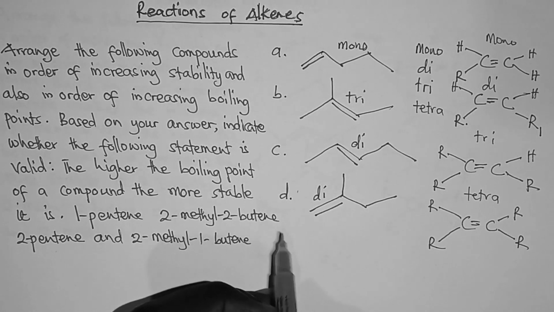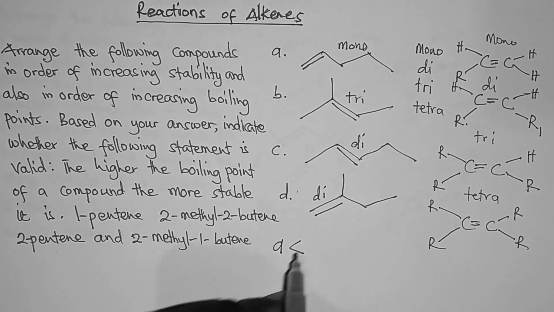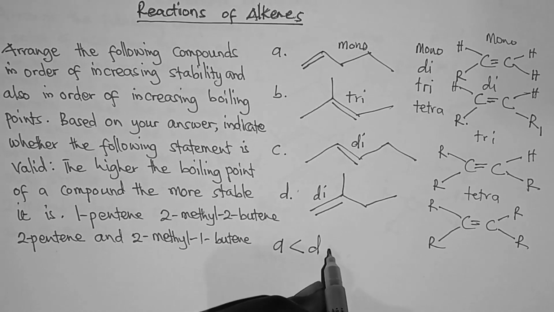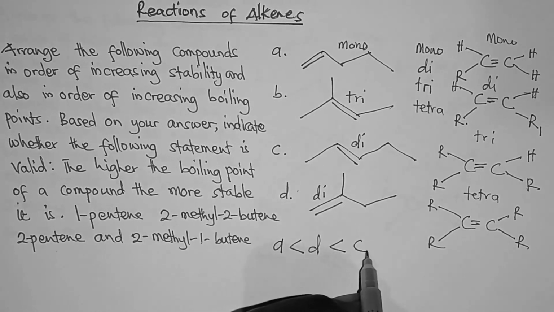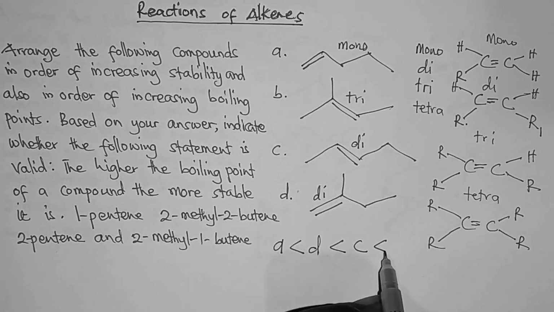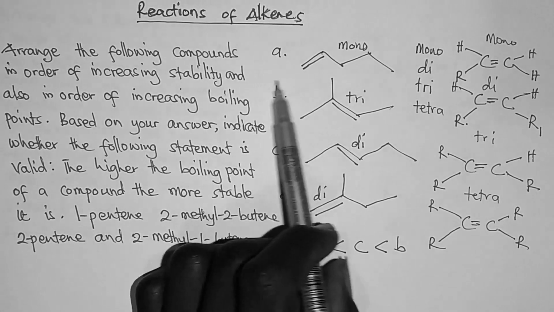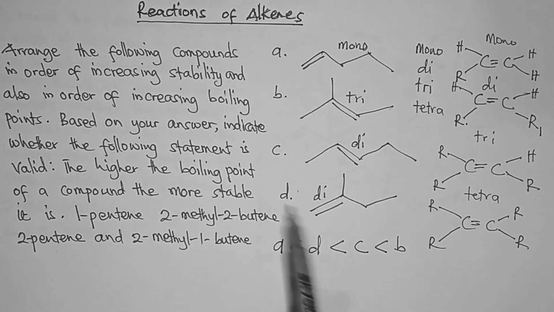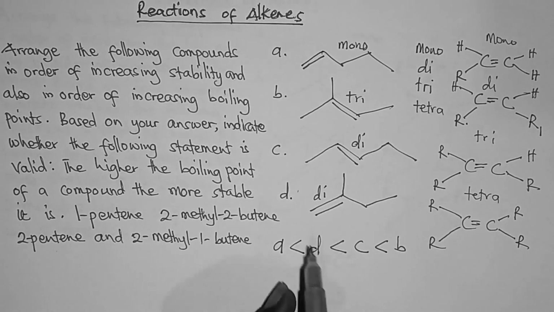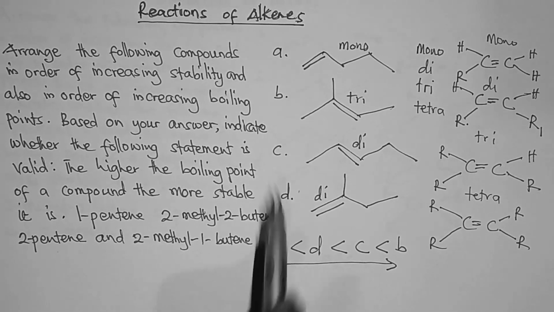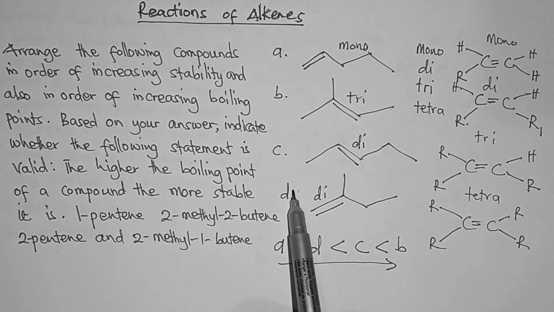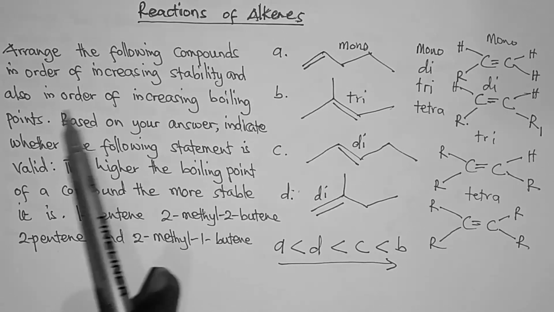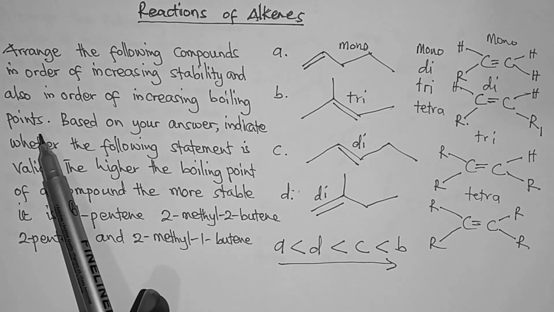So in terms of stability, A is less stable compared to D, and D is less stable compared to C, and C is also less stable than B. So the most stable is B, the least stable is A, and D is less stable than C. So in terms of increasing stability, it starts from A to D to C and then to B. The second part of the question says that we should also determine the increasing boiling point.